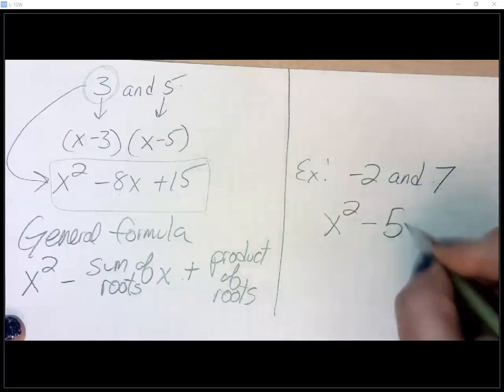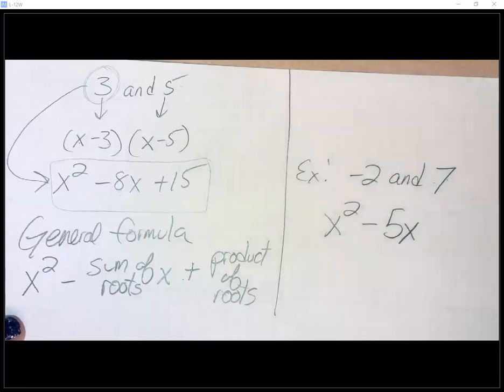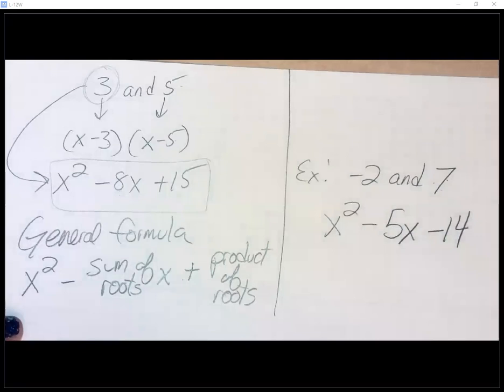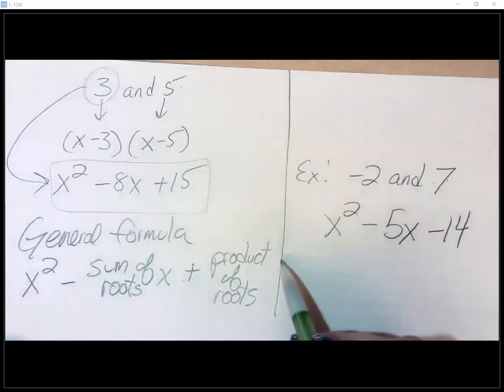And then the product of these two things would be -14. Oh, wow. Right? So I'm just sort of skipping the step in the middle where I have to FOIL them together, write the factors and FOIL. Let's try one more just for good measure.